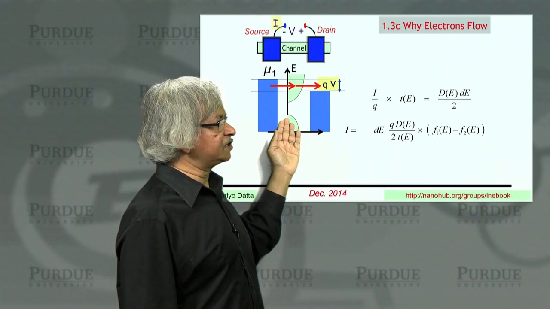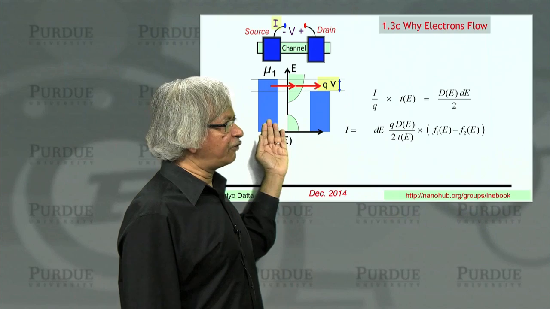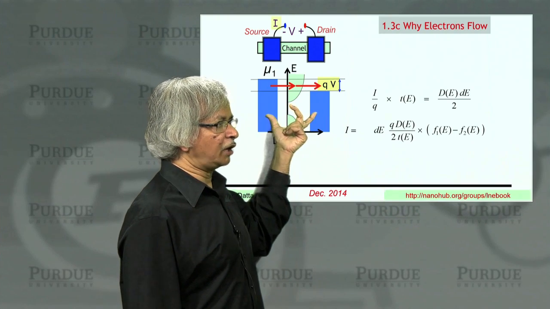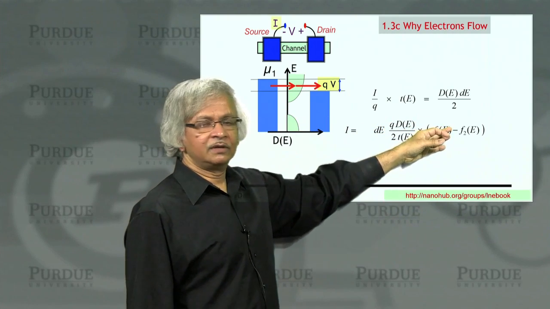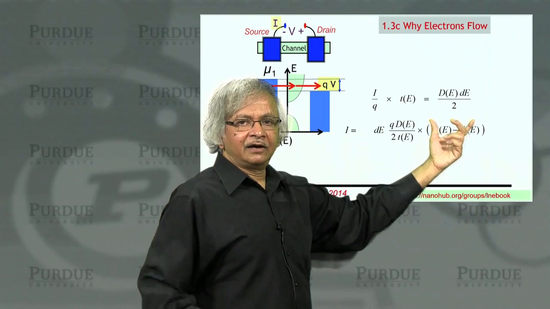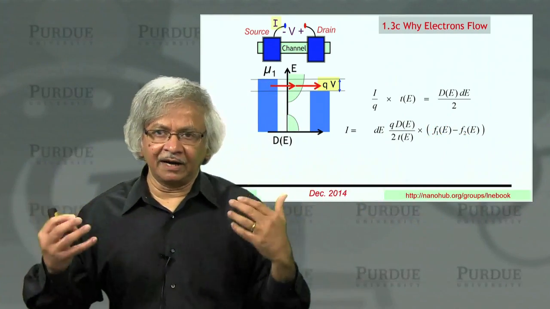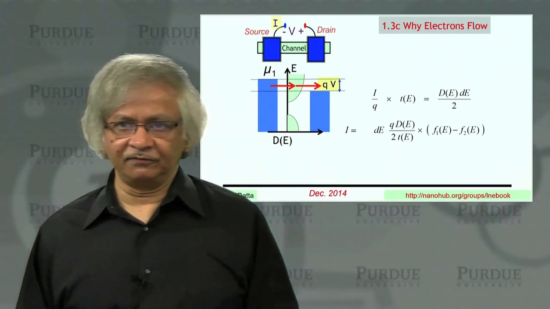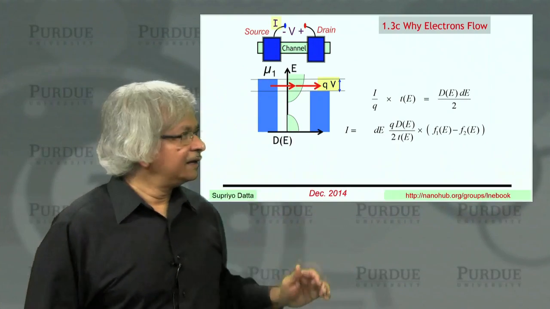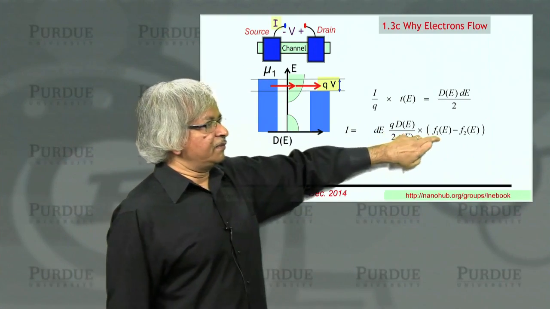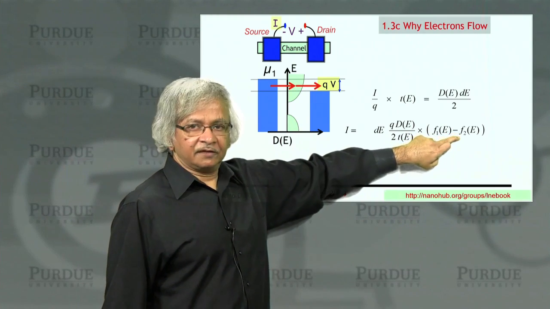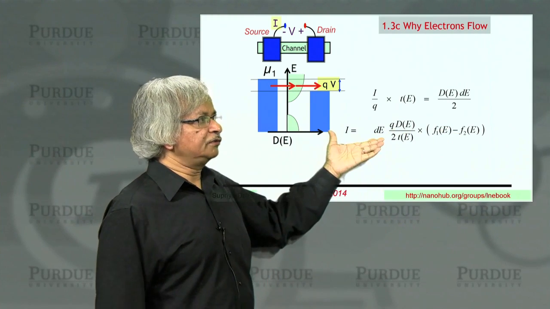But if energy is down here, for example, F1 is equal to F2, both are equal to 1, and so there is no current flow. So this factor automatically takes care of this point, that current is driven by the difference in these Fermi functions. The two Fermi functions in the two contacts are different, and that's what causes current to flow.